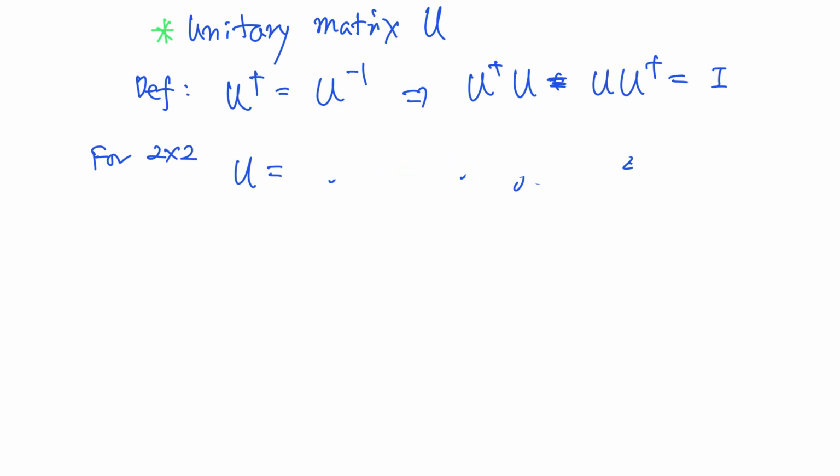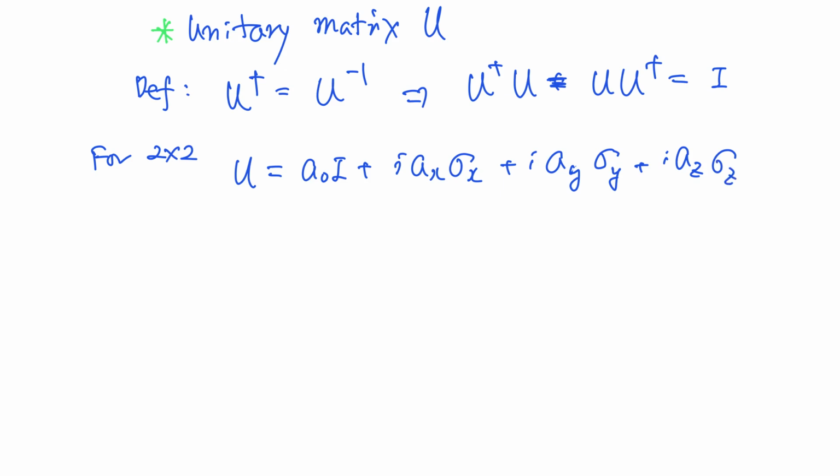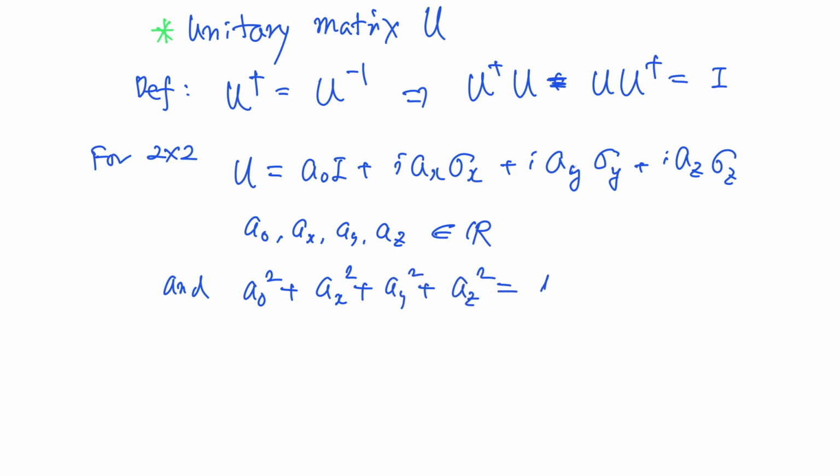Let me write that more neatly: A0 I plus i A_x sigma x plus i A_y sigma y plus i A_z sigma z, where A0, A_x, A_y, A_z are all real numbers, and A0 squared plus A_x squared plus A_y squared plus A_z squared is equal to 1.